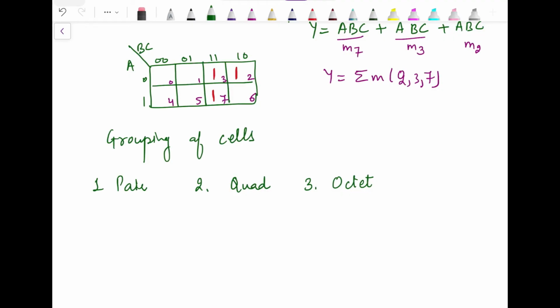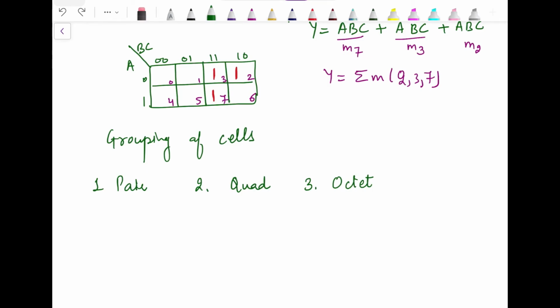Adjacent means they can be there vertically or horizontally. So they can be grouped all together. Even the combinations are possible by any side folding, but the grouping is not possible diagonally.